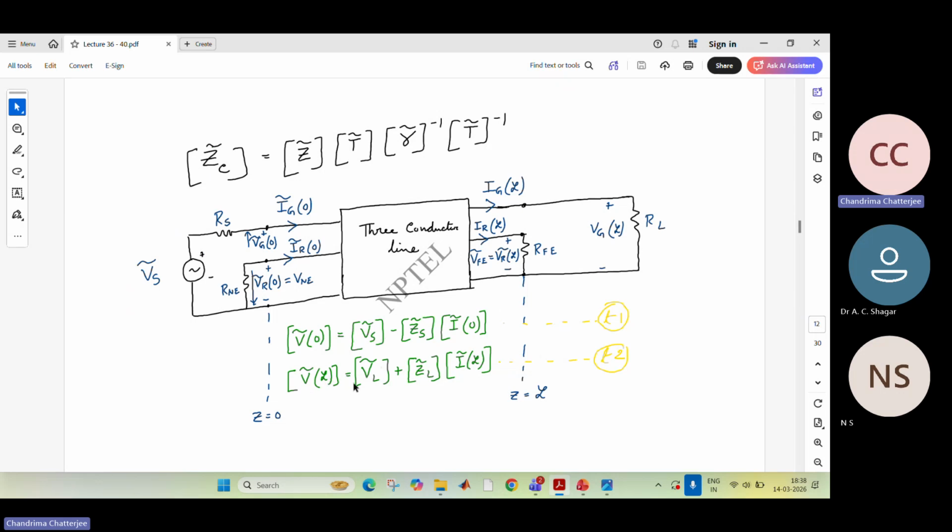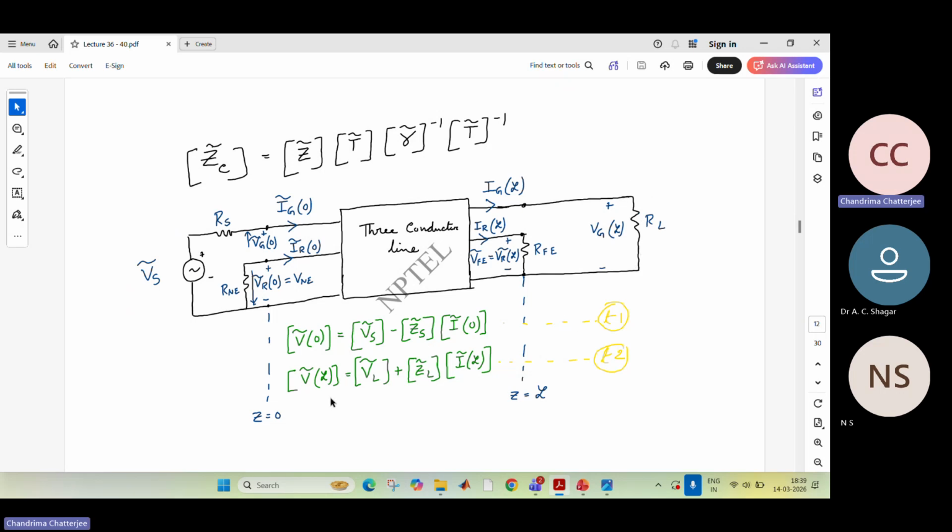And what is VL? VL is 0, because there is no active source in the load side. So VL is equal to ZL IL. Obviously, the voltage drop across this resistance is IL RL.